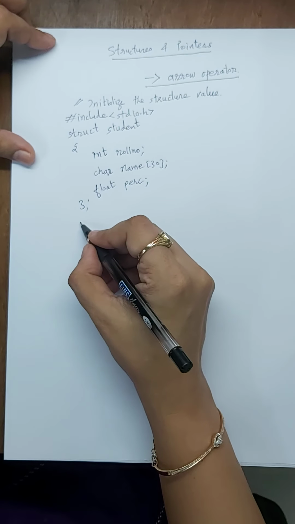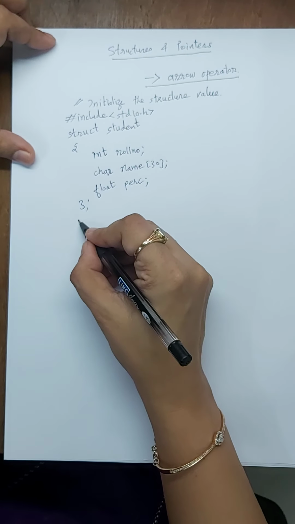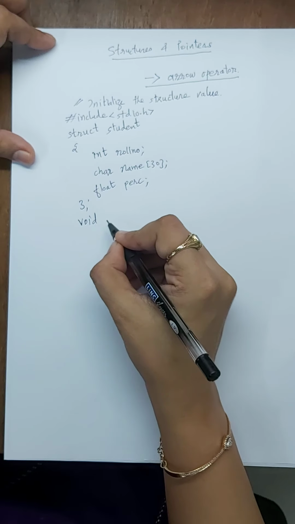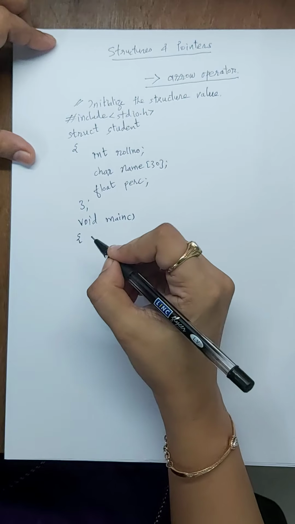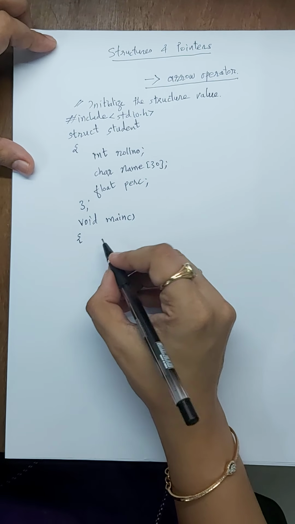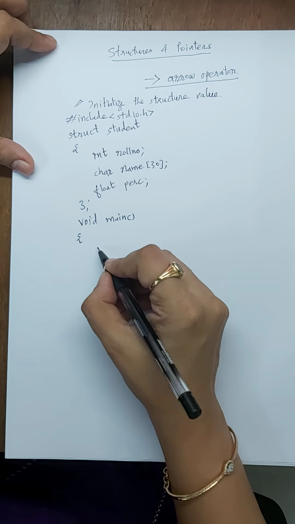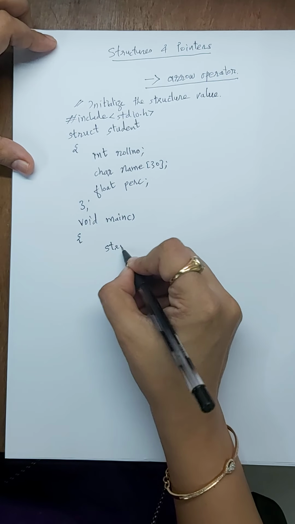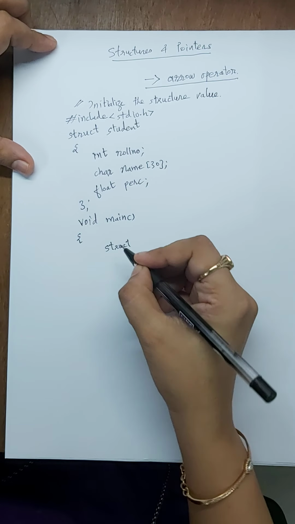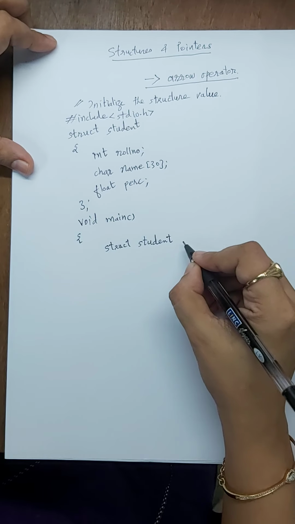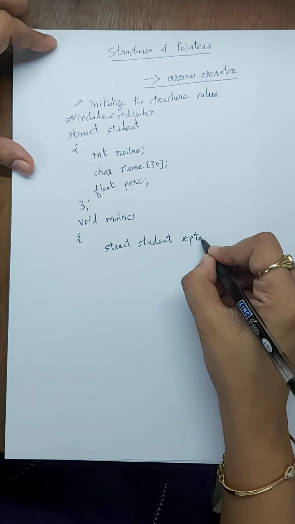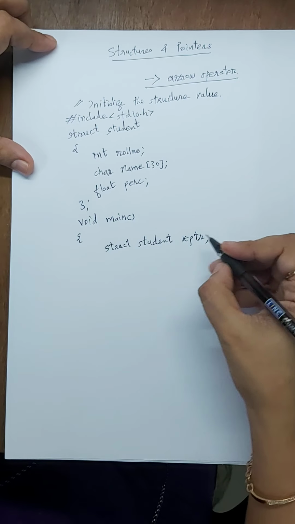Now how to use it in main? We'll write void main. Inside this we'll declare the variables first. We'll declare two variables. One is struct student S1, and the other is the pointer variable which stores the address of a structure.